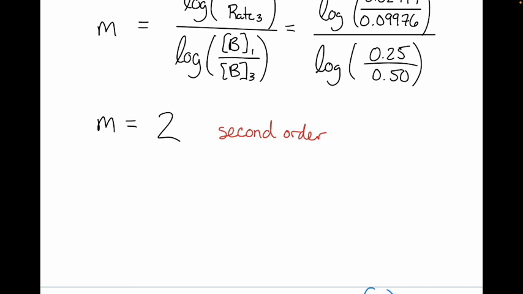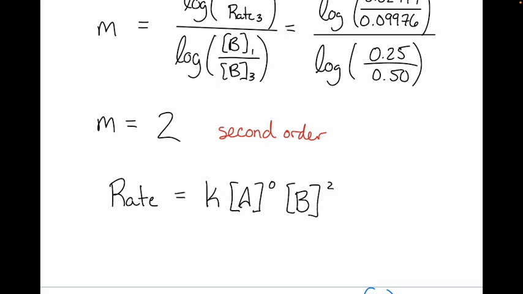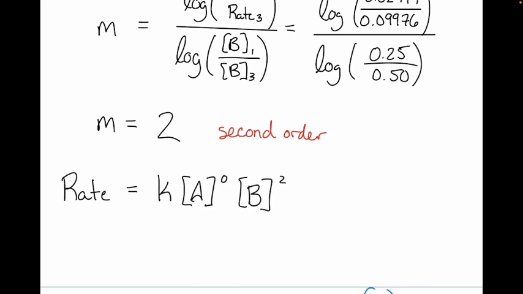So I know that for this reaction here, my rate is equal to some constant K times the concentration of A to the power of 0, i.e. it actually is not dependent on the concentration of A, times the concentration of B to the power of 2. Again, 0 is the order with respect to A, and 2 is the order with respect to B.